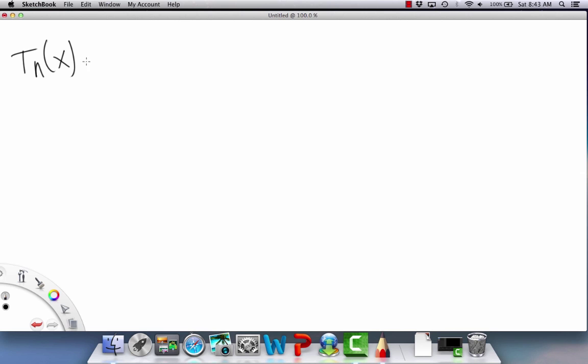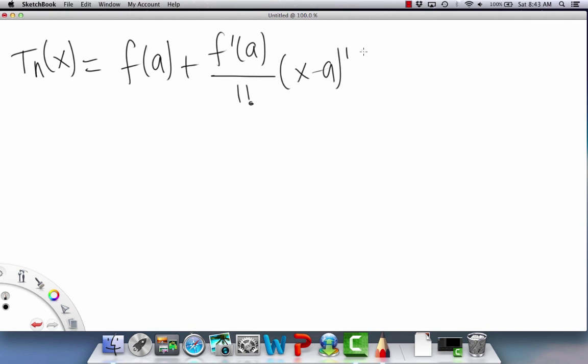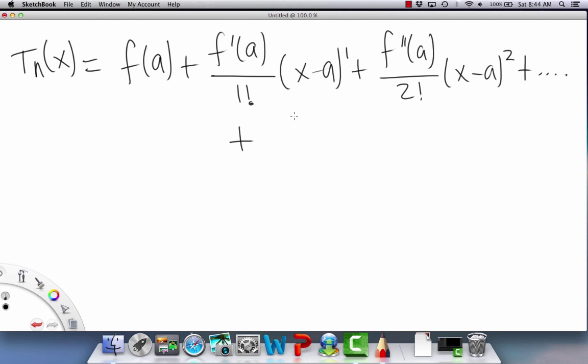So Tn of x equals f of a plus f prime of a over 1 factorial, x minus a to the 1, plus f double prime of a over 2 factorial times x minus a to the second, plus dot dot dot, and you just keep going until you get to f to the n of a over n factorial times x minus a to the n.